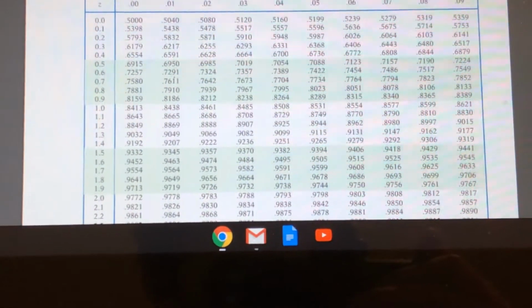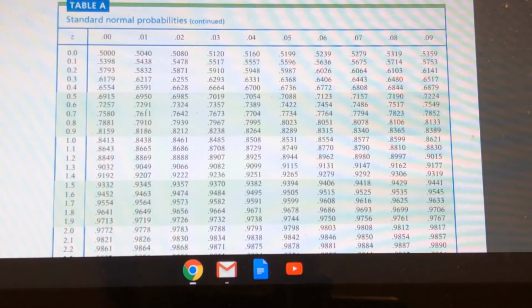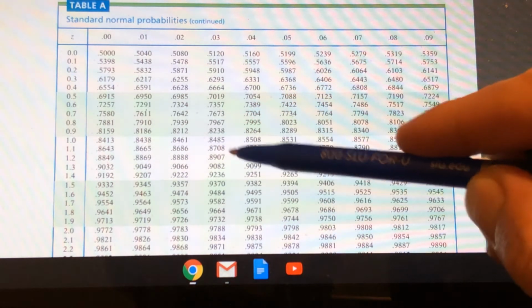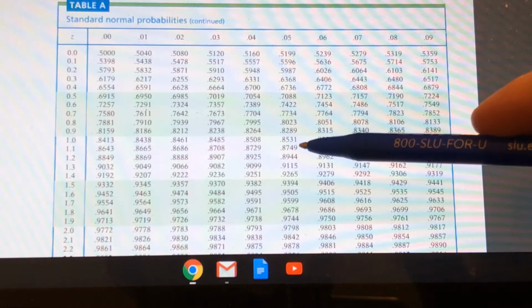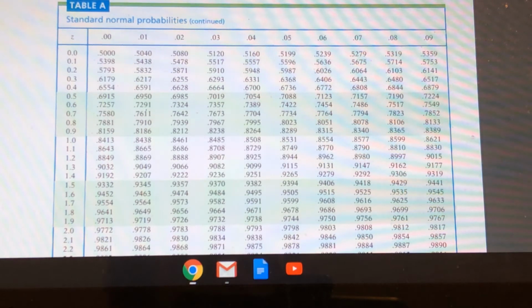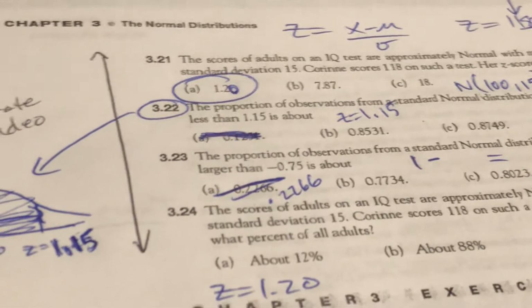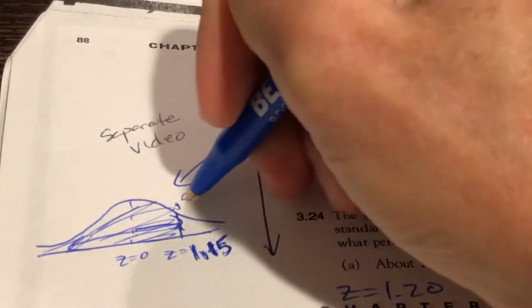So what you do is you look up 1.15. So you go here, 1.1, and you go over to 5. 87.49. And we're going to write that down.